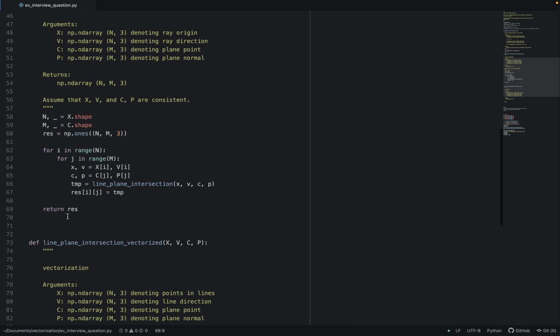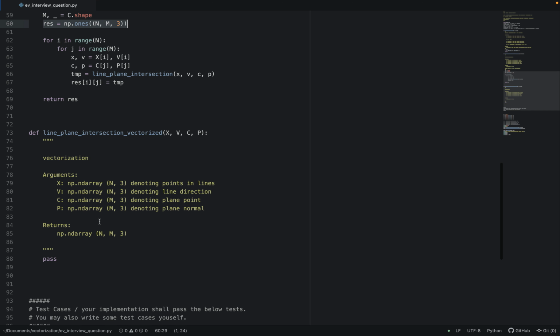For the first one, most people who have experience using numpy might not find it that hard, so we give a quick implementation. But for the second one, we leave it to you as an exercise. This is a very good exercise, and the second one is by no means trivial.